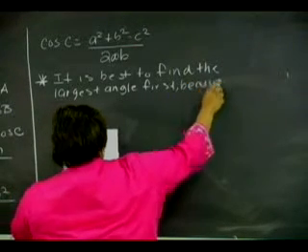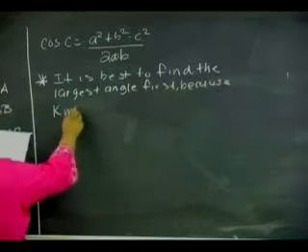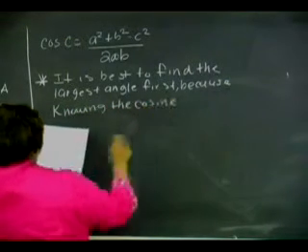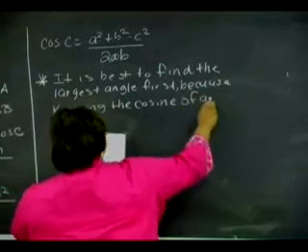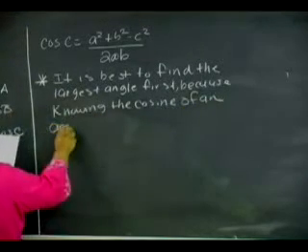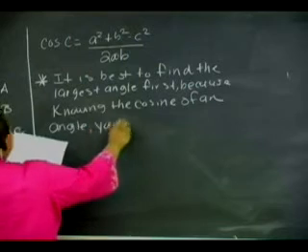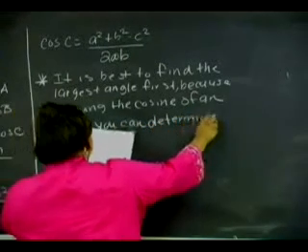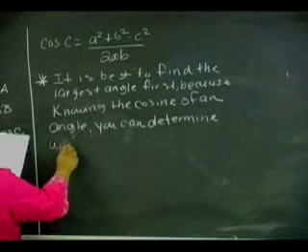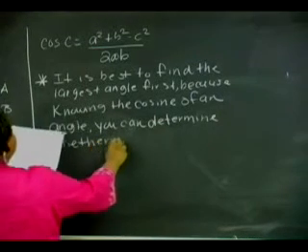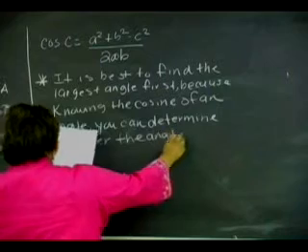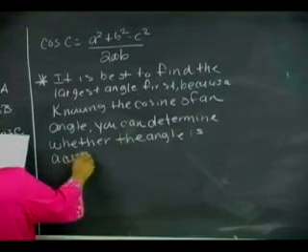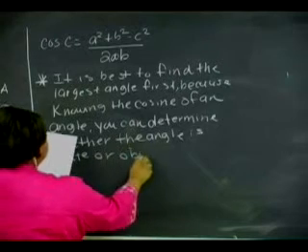because knowing the cosine of an angle, you can determine whether the angle is acute or obtuse.